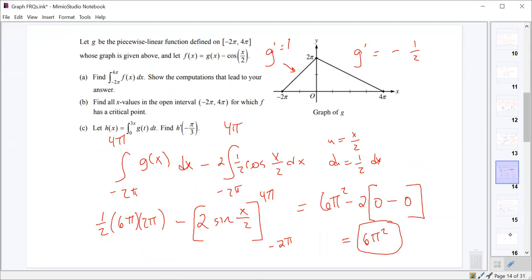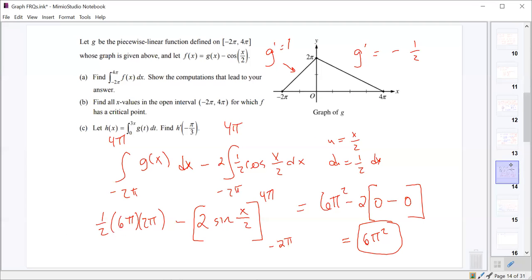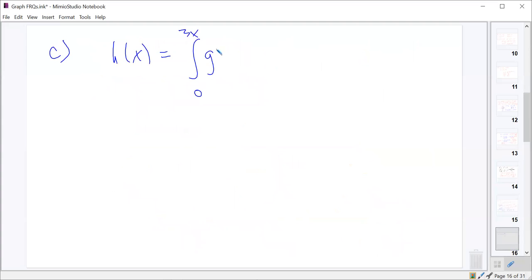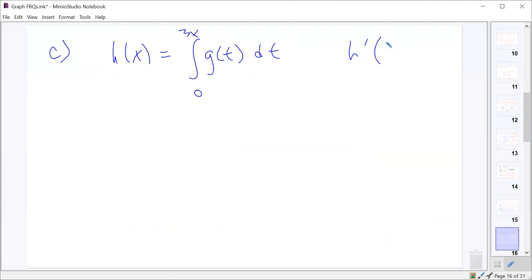And part C, h of x is the integral from 0 to 3x of g of t dt. We want to find h prime of negative pi over 3. So we're looking for the derivative of h. Derivative of h should be g of 3x times the derivative of 3x, so 3g of 3x.